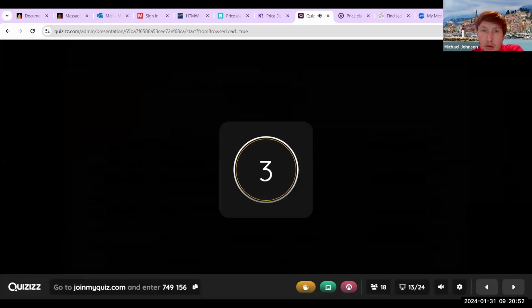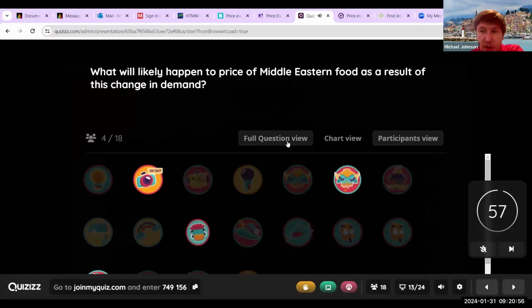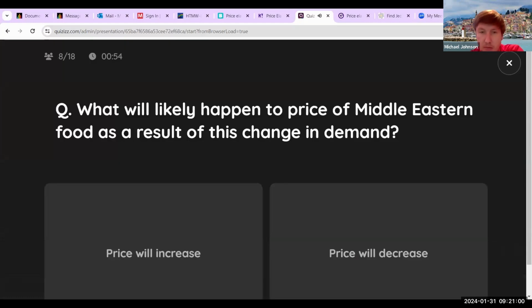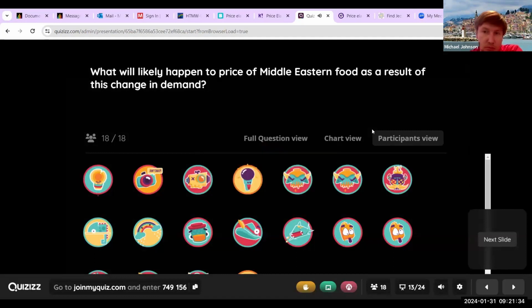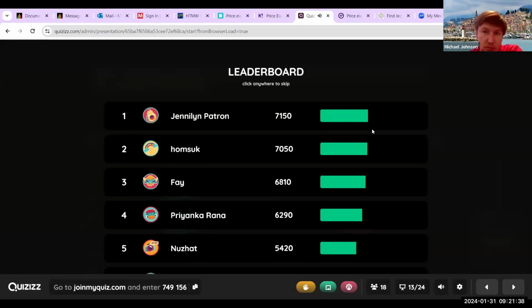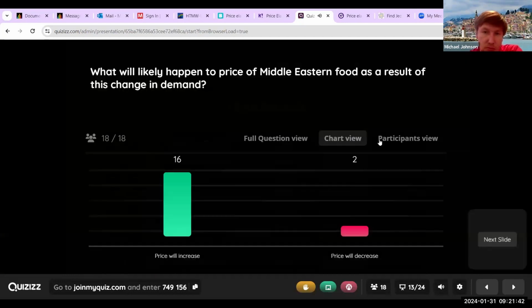So shortage, yes. So what will likely happen to the price of Middle Eastern food as a result of the change in demand? Price will increase.